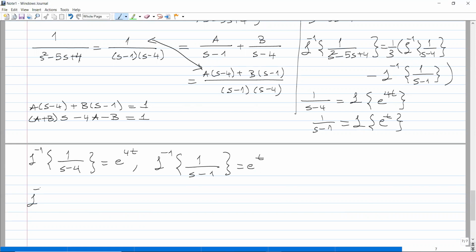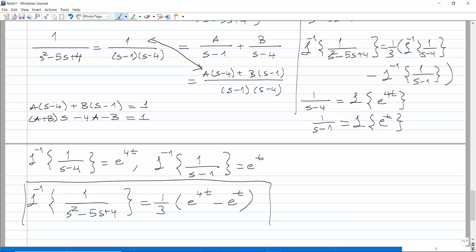So the Laplace inverse of our function, 1 over s squared minus 5s plus 4, is 1/3 times e to the 4t minus e to the t. So this is how we find the Laplace inverse.